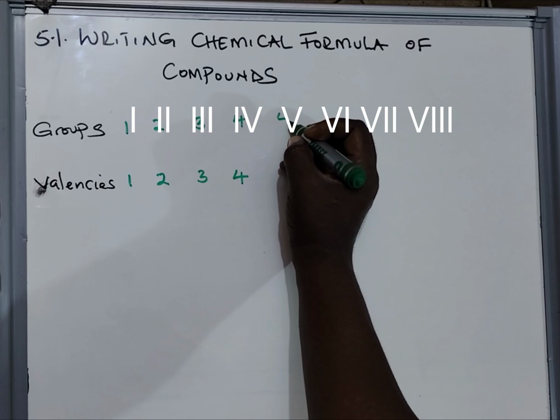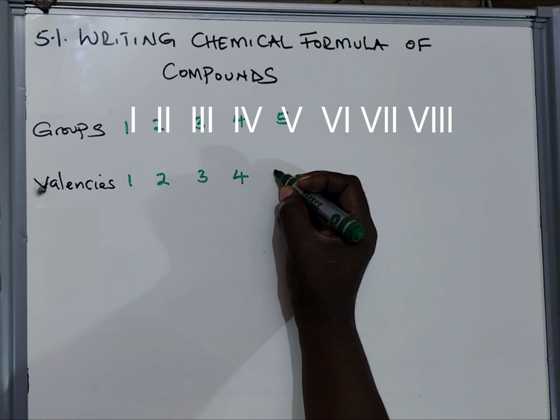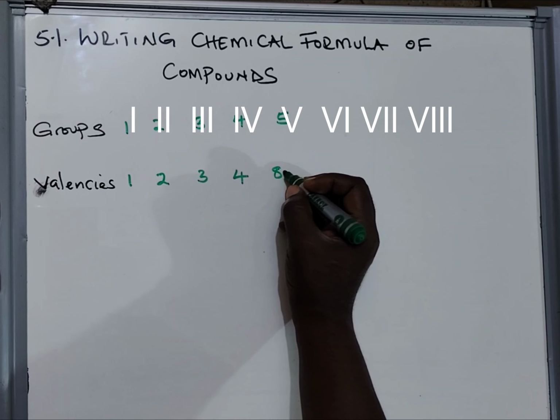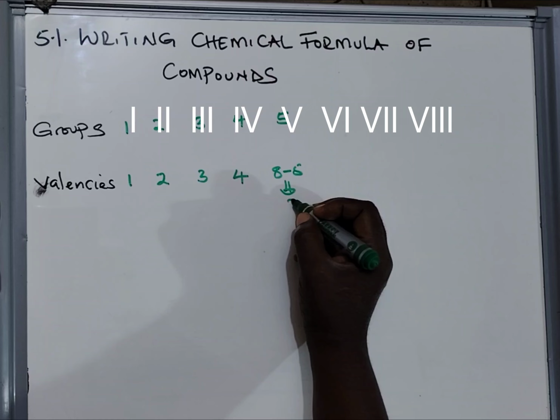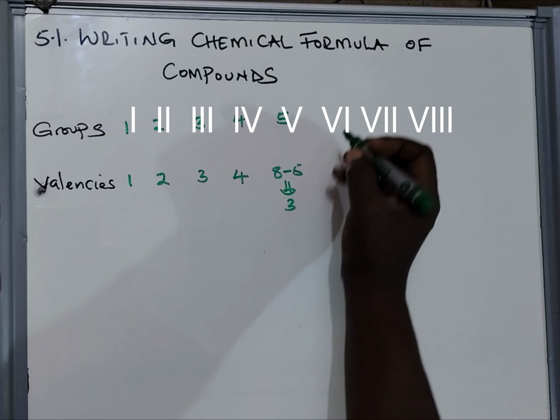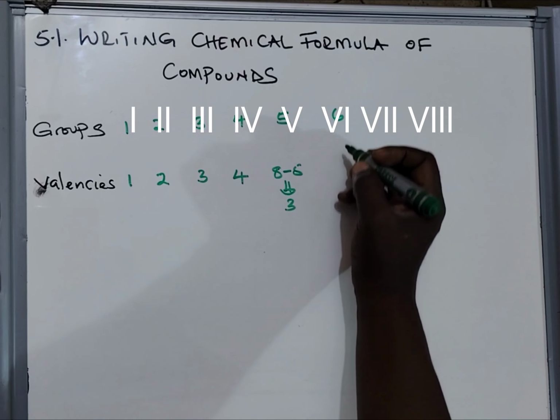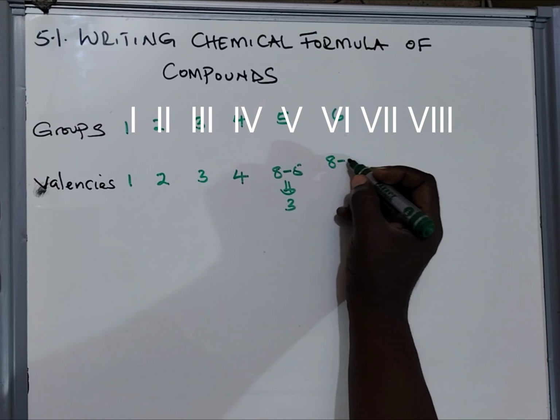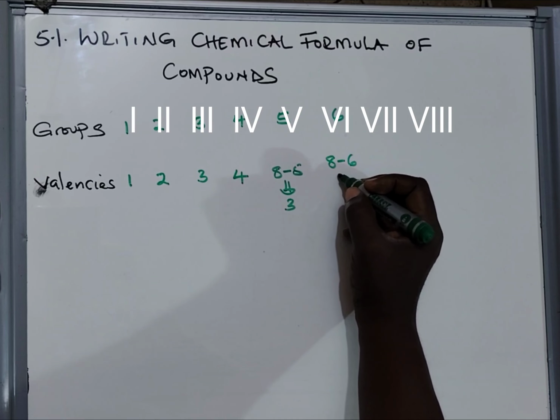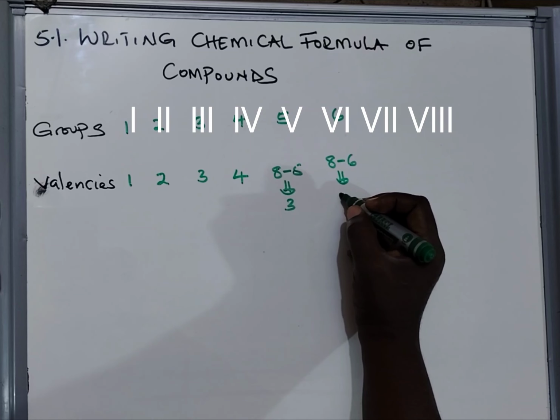Now, group 5 elements have valence 8 minus 5, giving you 3. Group 6 elements have valence 8 minus 6, giving you 2.